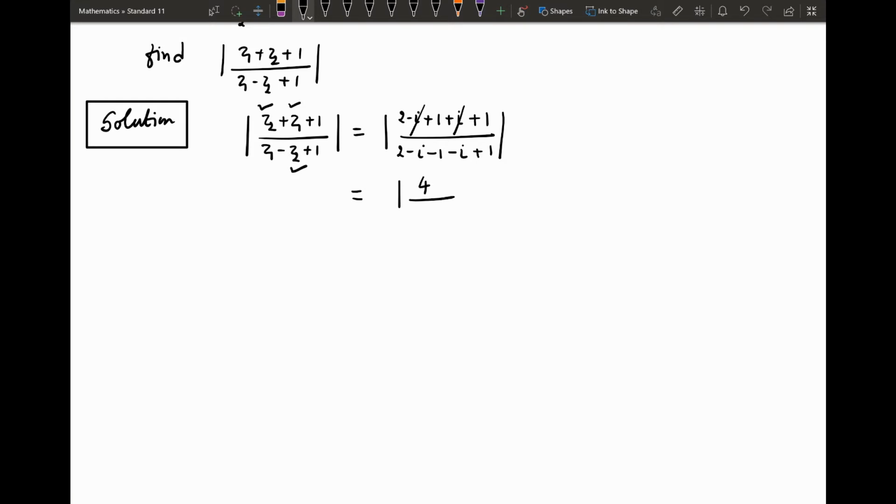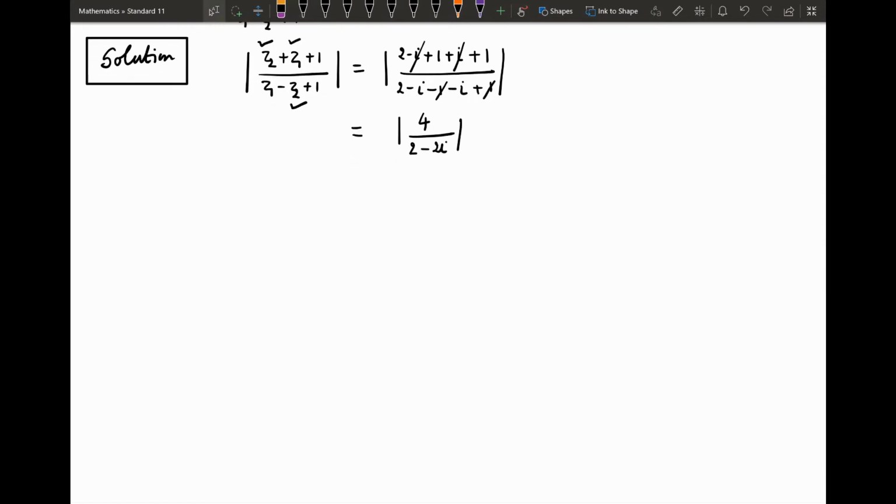In denominator we have 2 minus i minus 1 minus i, so plus 1 minus 1 is cancelled, so 2 minus 2i. Now from numerator and denominator we take 2 common, so this is mod 2 upon 1 minus i.